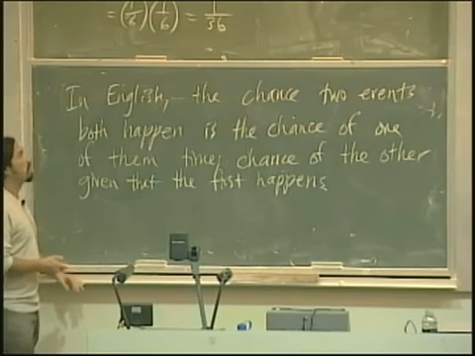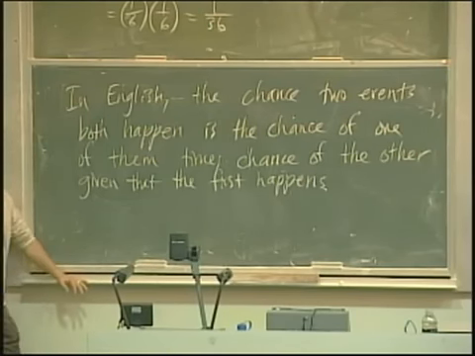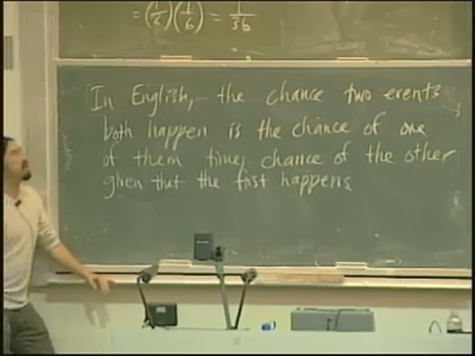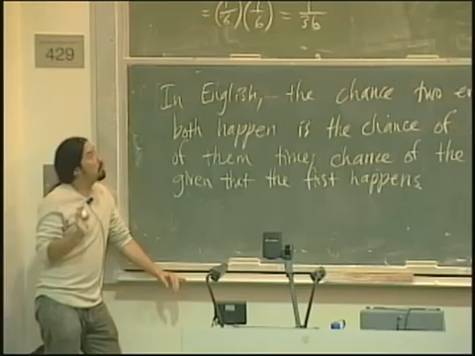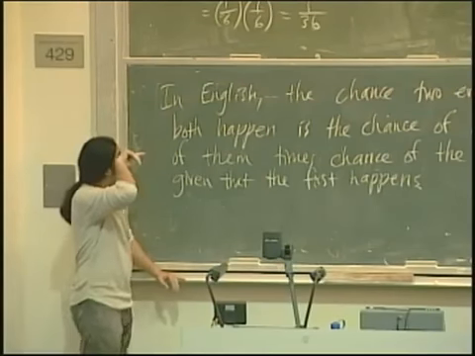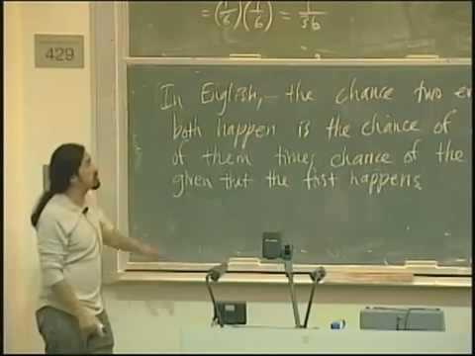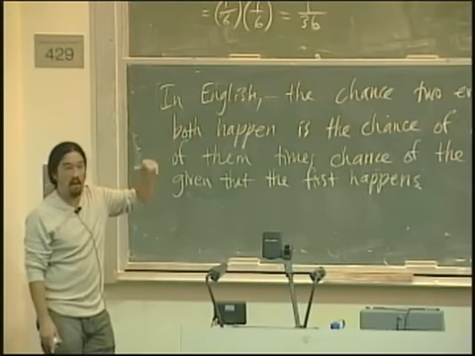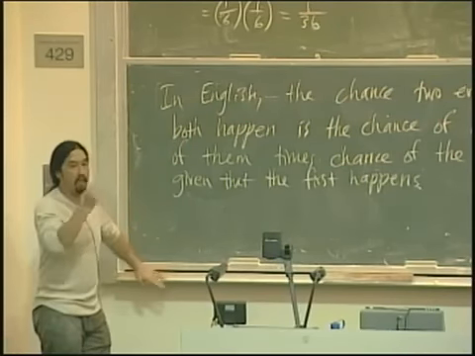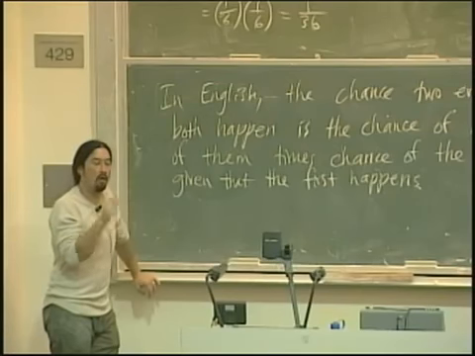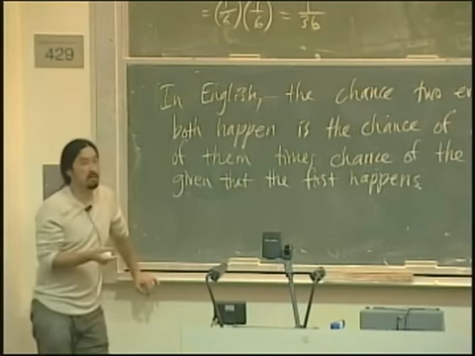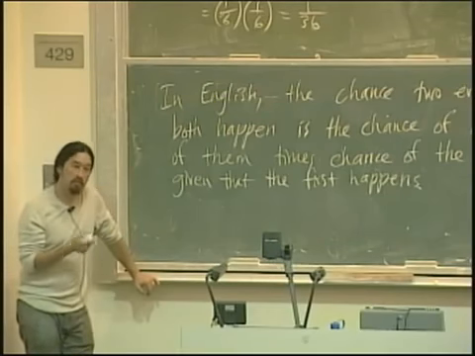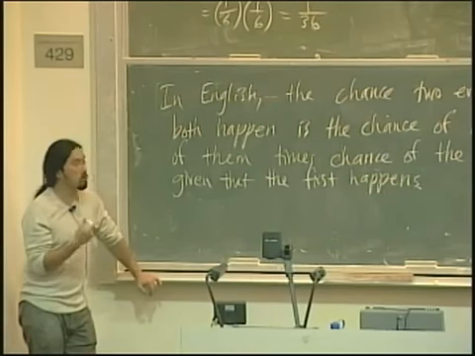And then the rest of the class we don't really care about. There's no way that the rest of the class could get the sum of the 2 dice to be a 2, right? So one way we could think about the overall chance of A and B is that first of all, you get that red die to be a 1, and then of the people that manage to get the red one to be a 1, what proportion of them do we expect to get the sum equal to 2? So those people require the blue one to also be a 1.